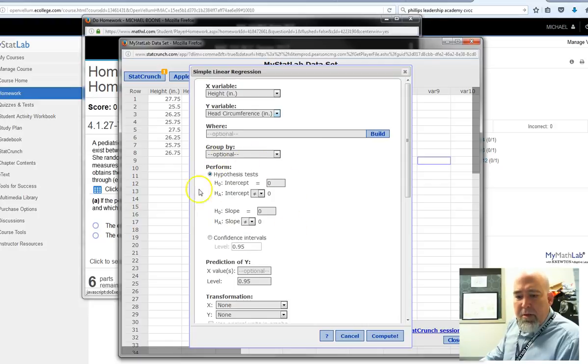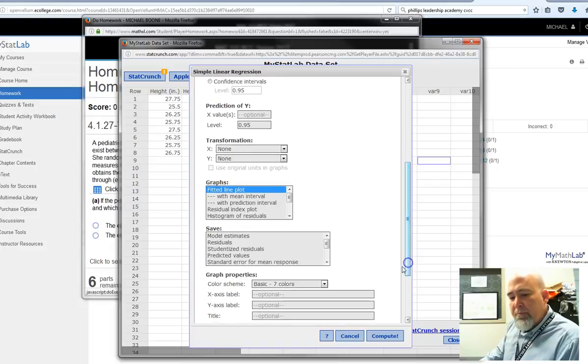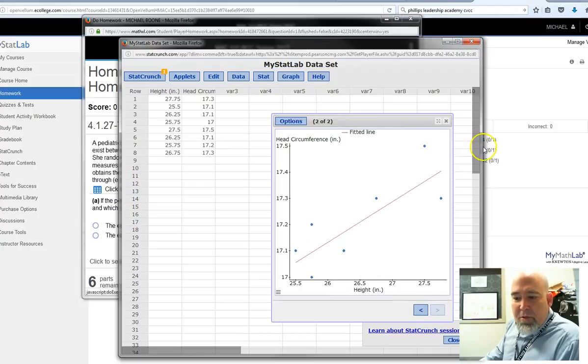From here, we're not going to do anything in here. There are some more things we can do later with this, but we get a lot of information. Again, we're going to use some of it later. It gives me a correlation coefficient, this R value, 0.803. That's how well there is a linear relationship between height and head circumference. It also gives me a picture and a line that best fits the graph if we are going to say it's linear.